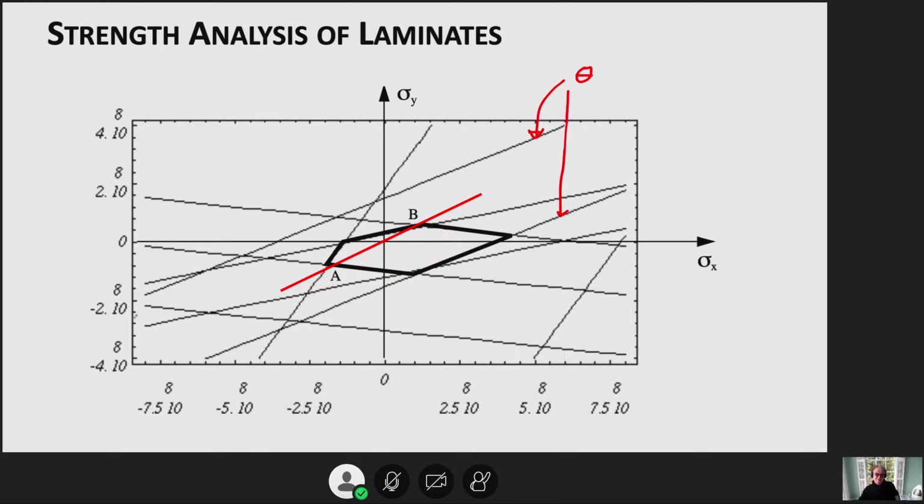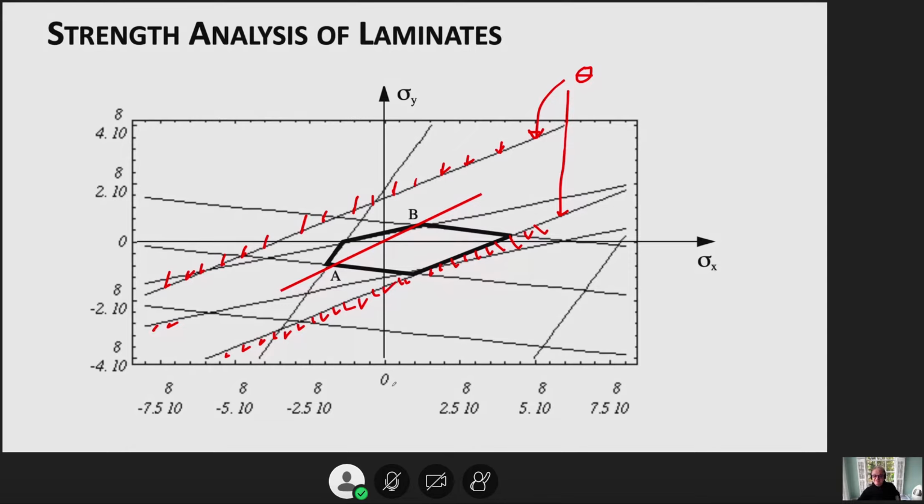And it says, you cannot be on this side of this failure line. And you cannot be on this side of the failure of that particular orientation angle, and that given laminate and given load combination applied to that laminate.